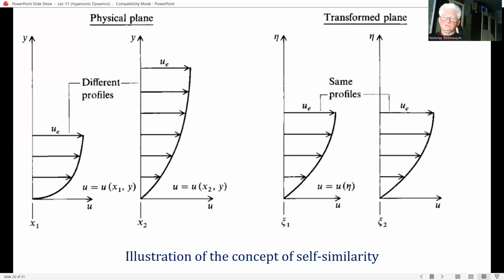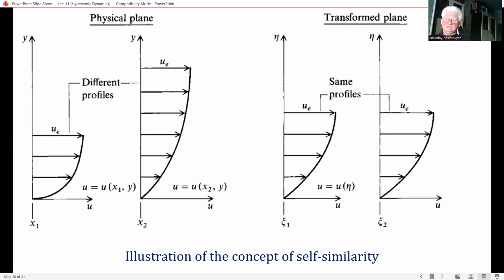However, for certain cases, under the appropriate independent variable transformation from x and y to xi and eta, the flow field profiles become independent of location along the surface. This is sketched at the right of this slide, which shows a transformed plane wherein the velocity profile is independent of the transformed surface distance xi.